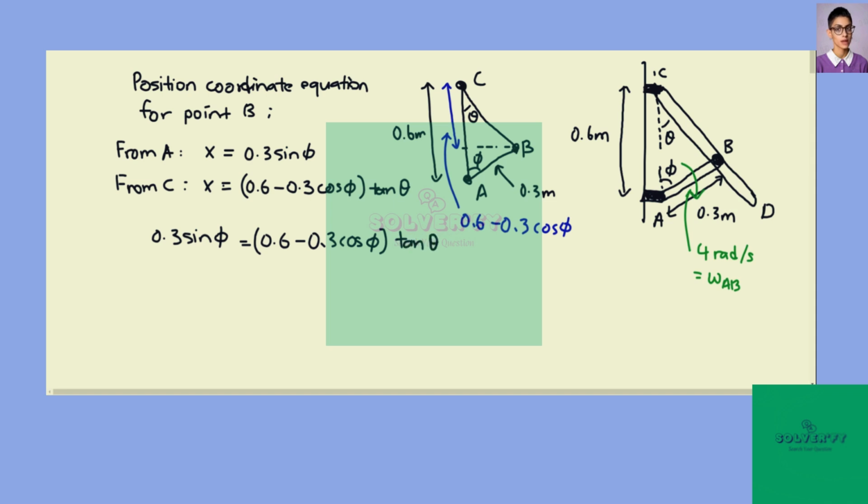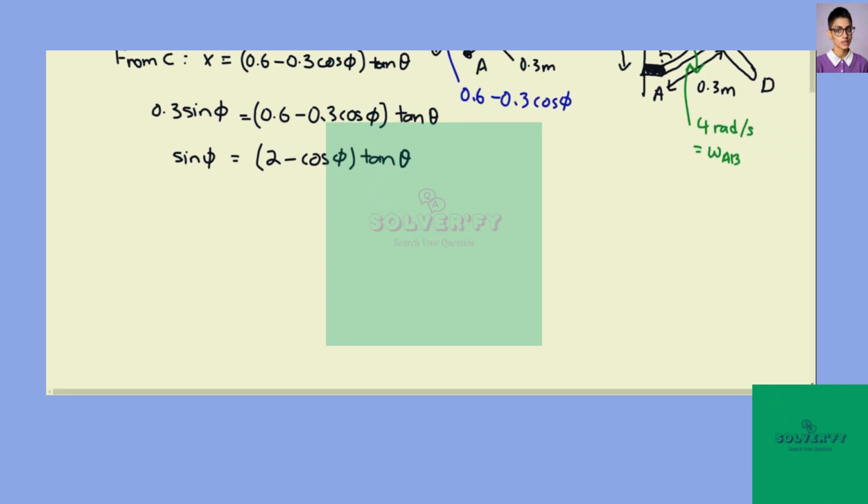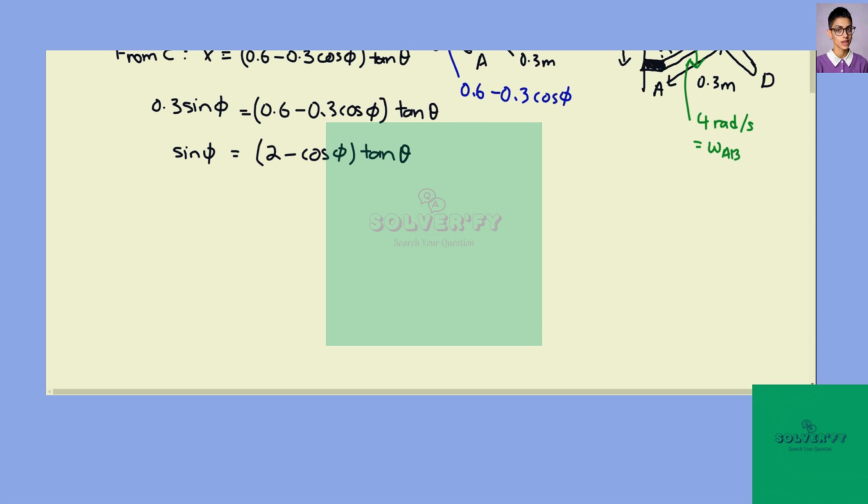Simplifying, you get sine phi is equal to 2 minus cosine phi tangent theta.